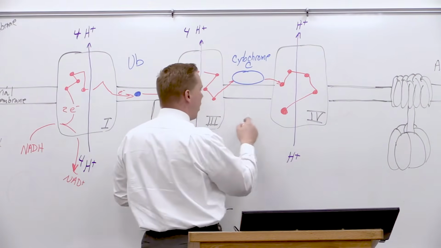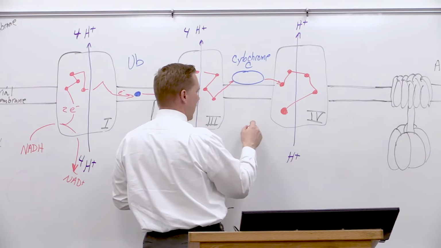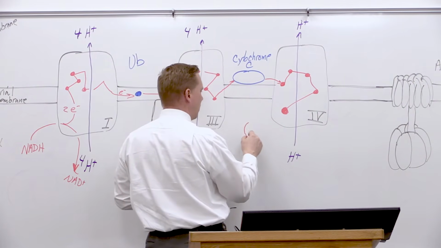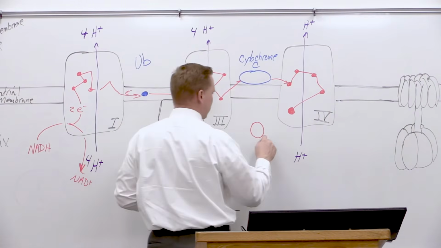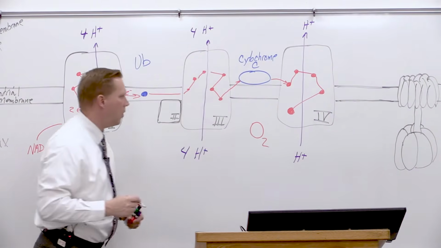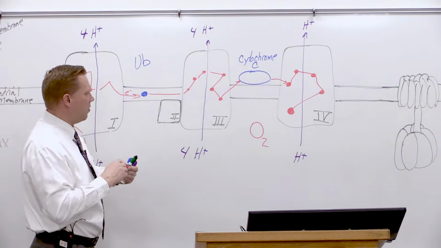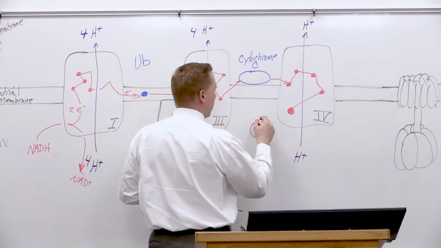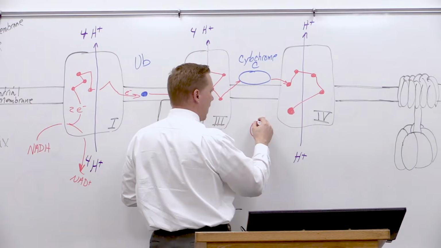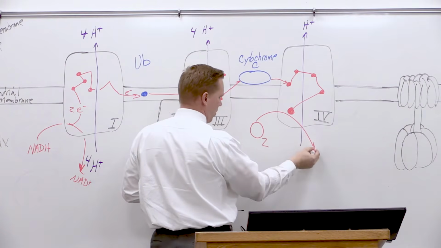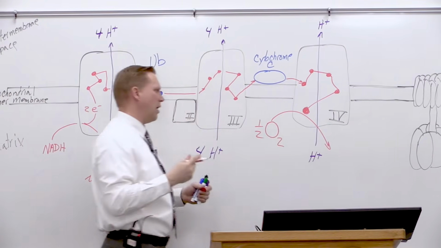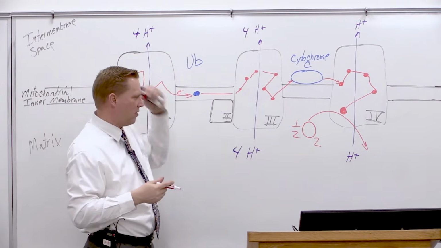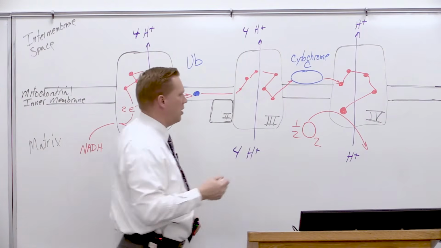Well, this is where oxygen comes into play. So we're going to take an oxygen molecule, O2, and we're going to come through and pick up those electrons. In this case, for right now, we'll say we're going to take half of an oxygen, which is the way you'll often see it written in the literature.